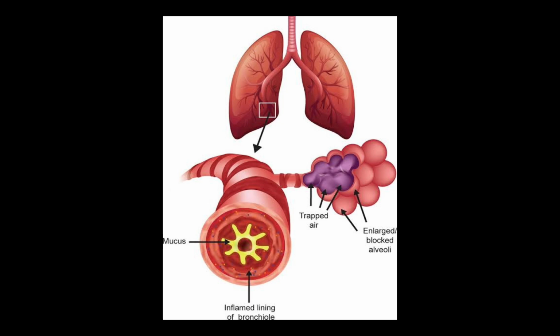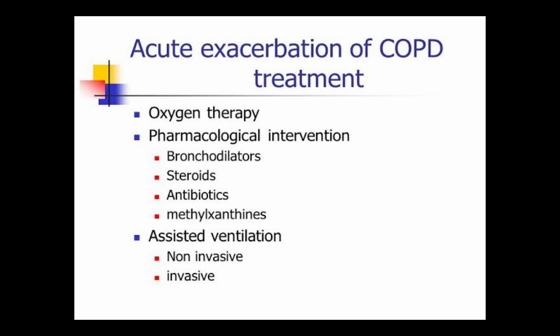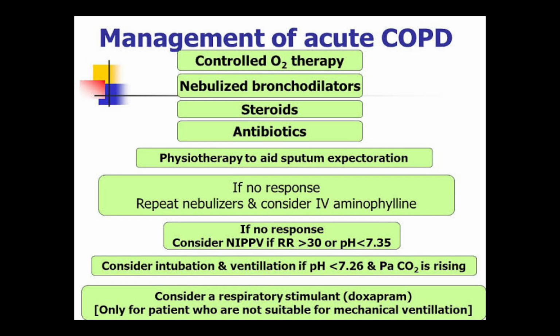Then comes COPD. The same changes happen as in asthma, that is excessive mucus production and inflammation, but the changes cause damage to the alveoli permanently. So in an acute attack of COPD, what we do is we give oxygen therapy, then we give IV antibiotic if the underlying cause is infection, then we give short-acting beta agonists like salbutamol and ipratropium bromide, just like we did in asthma.